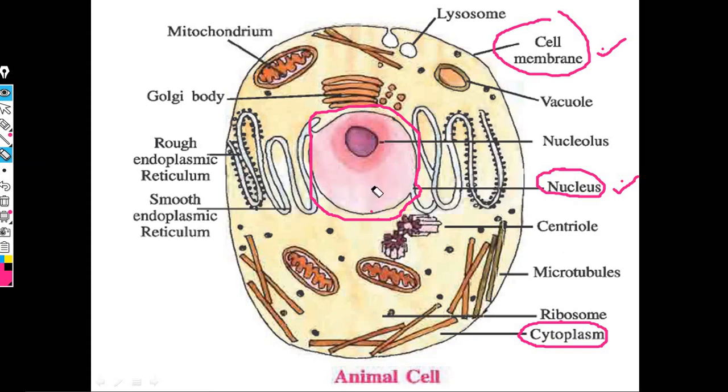That is the reason why you have a double-layered structure covering the nucleus. So the nuclear membrane is a double-layered structure. Definitely the cell membrane and nuclear membrane both are semi permeable and selectively permeable.